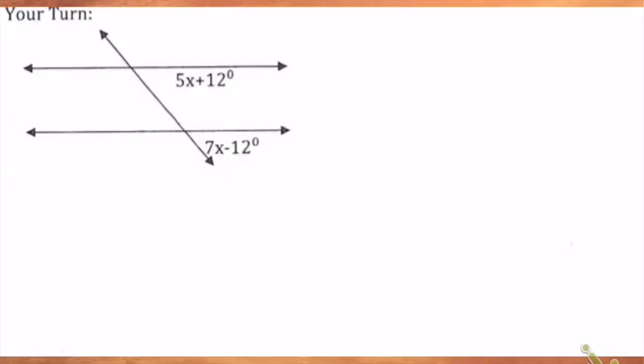Alright, so this next one is your turn. You want to tell me what kind of angle pair is shown, with the variables inside. Okay, those are corresponding angles. They are both in the lower right hand of their angle set.